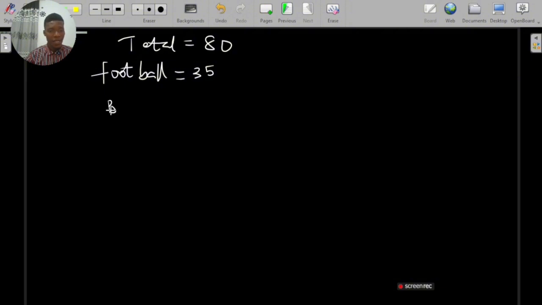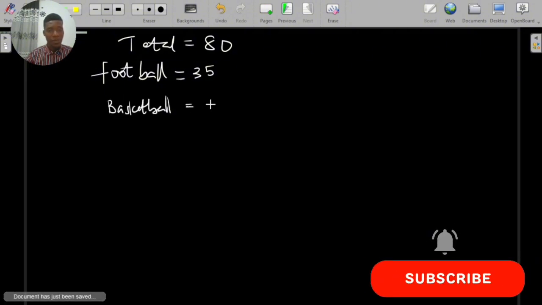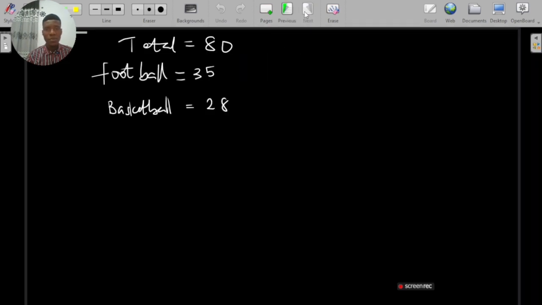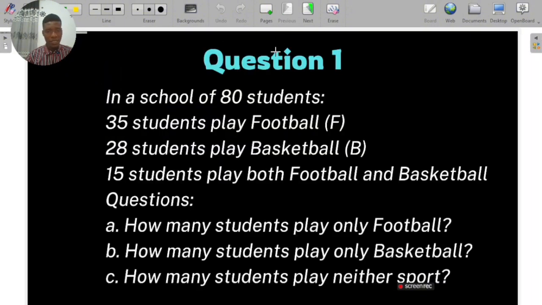So for basketballers, they are 28 in numbers. And for those that play both, you can simply say F and B to represent both football and basketball. They are 15 in numbers. This is the information that they gave us.